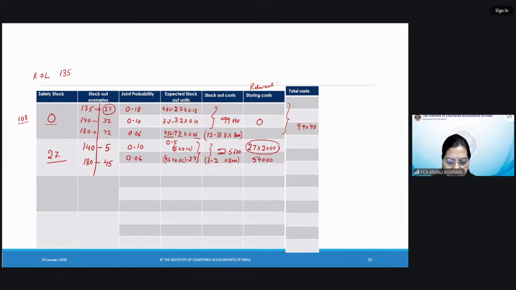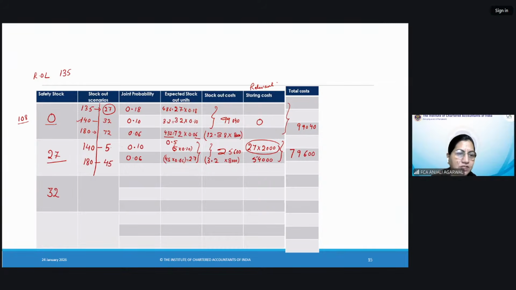Now 54,000 plus 25,600. In this scenario, your total cost is 79,600. Let us not allow even this thing to happen. So let us keep a safety stock of 32 units.